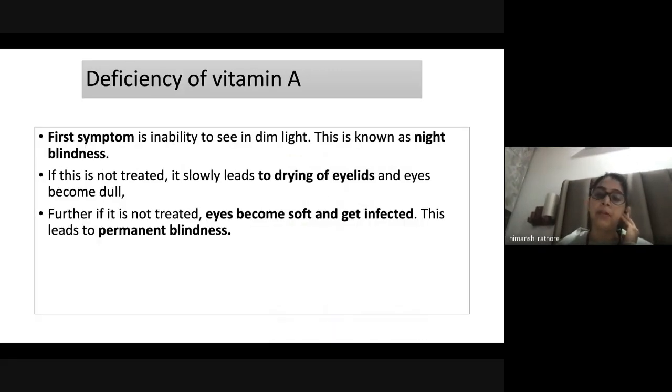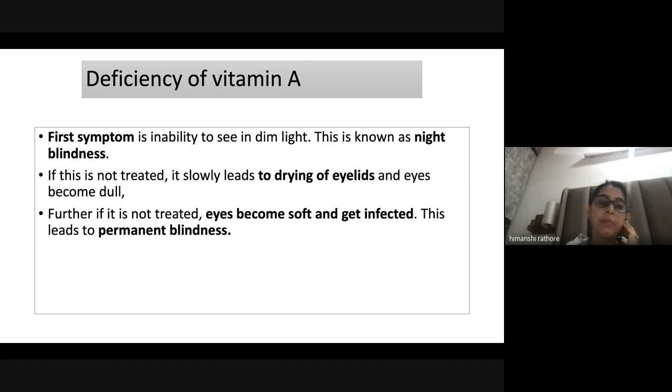What happens if you are not taking vitamin A in appropriate amount? First, you will not be able to see properly because your eyesight will be compromised. When you are unable to see in dim light, that condition is known as night blindness, because as the night is coming, you won't be able to see in the dark.